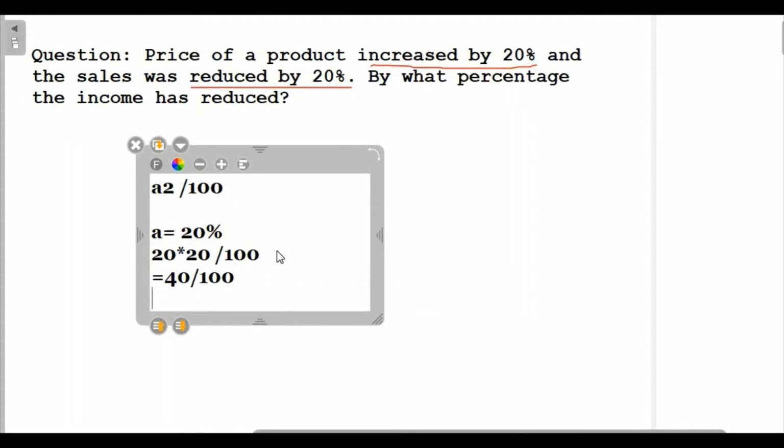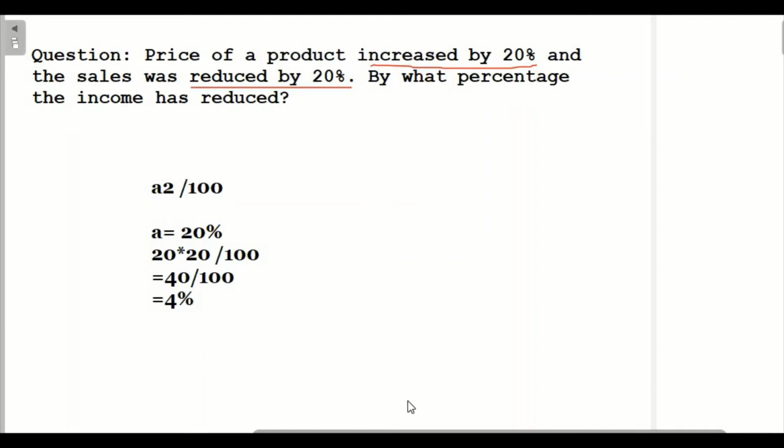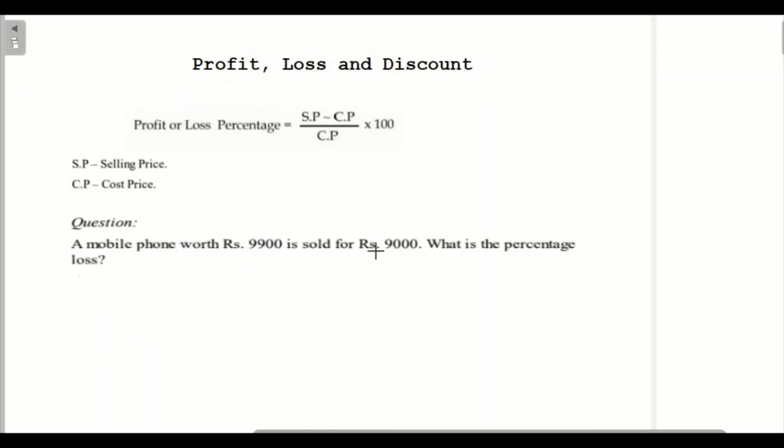So our increase and decrease in the percentage is 4%. Okay, so we got our value. It is 4%. So shall we go for the next sum? I think everyone is able to understand. It's very easy for us to calculate.